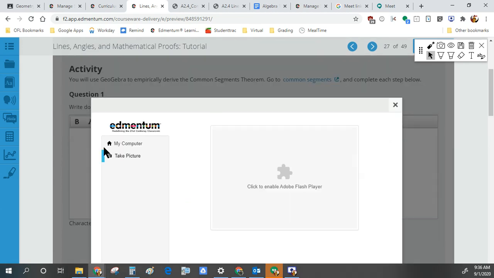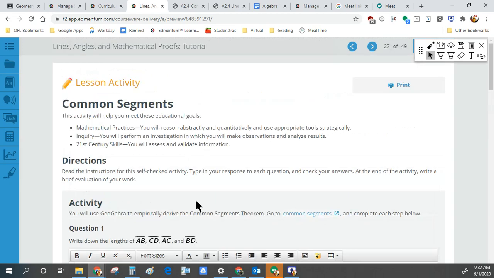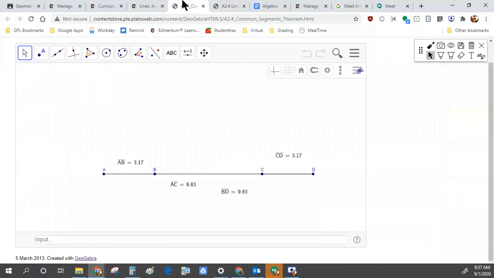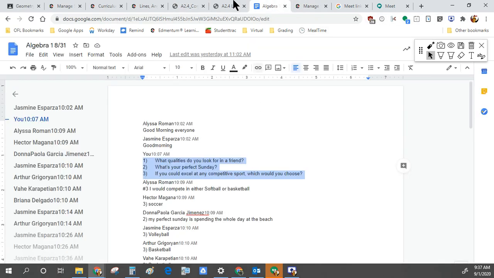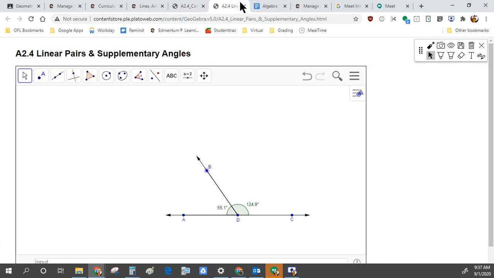Oh, I can't do it because I don't have my Adobe on. I need to fix that. So you can always save a picture. I use this little snipping tool. I don't know if Chrome has a snipping tool, or there's also little plugins you can use that can take a screenshot of whatever you're looking at on the page.